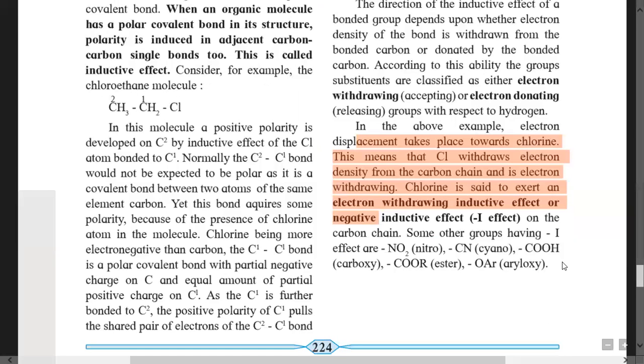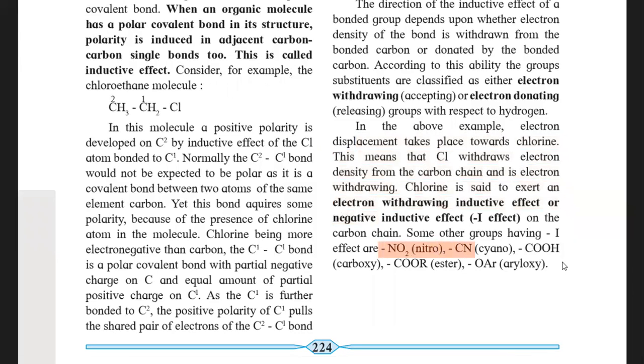There are some groups which show the negative inductive effect. These groups are the NO2 group, called a nitro group, the CN group, called a cyano group, or COOH, called a carboxy group. Then COOR, this is the ester group, and OAr group, that is the aryloxy group.